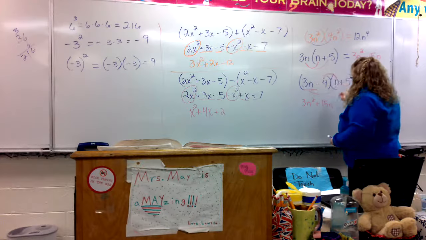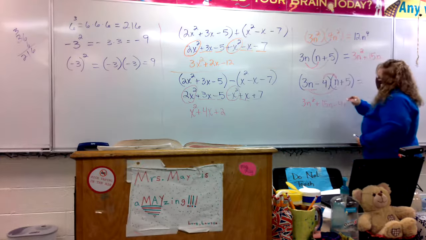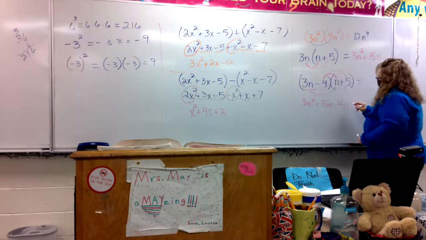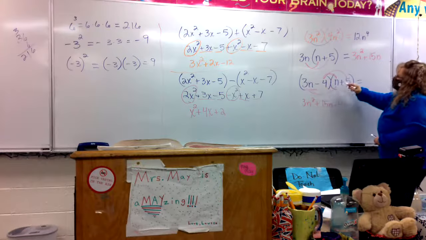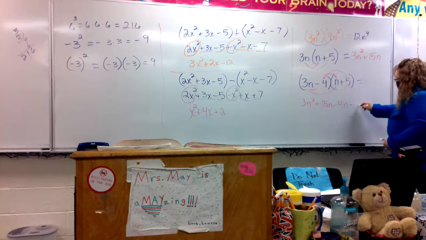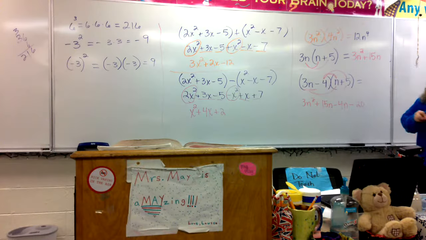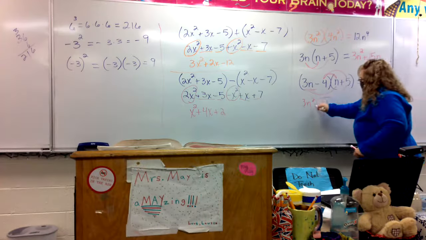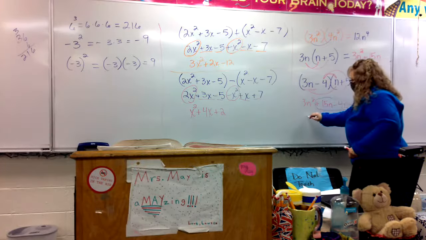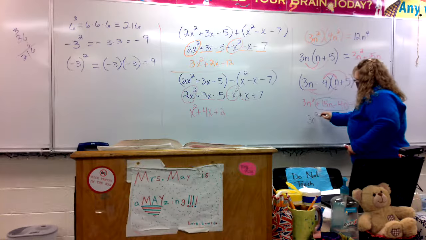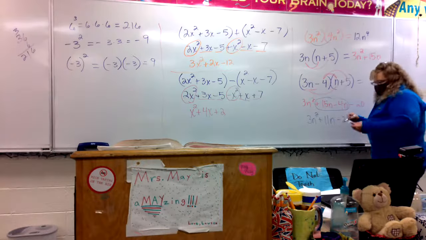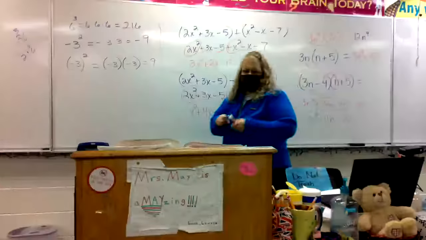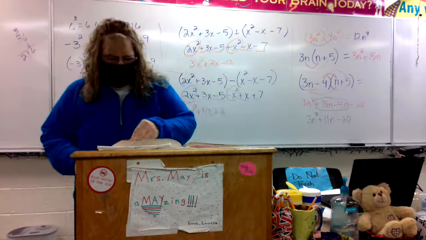Here you get -4 times +5, -20. And then you have a couple like terms in the middle you can combine. 3n squared plus 11n. Right? We did that. What else did we do?